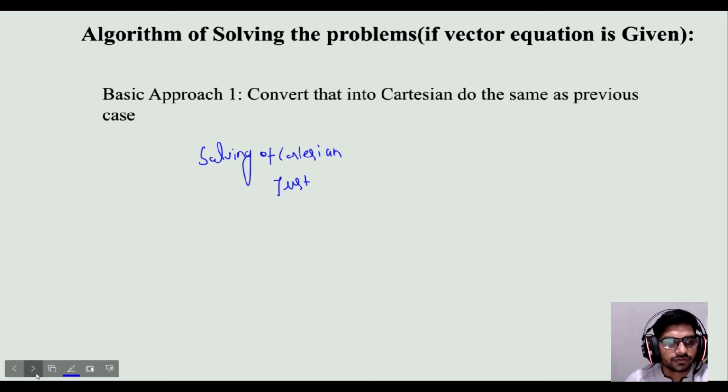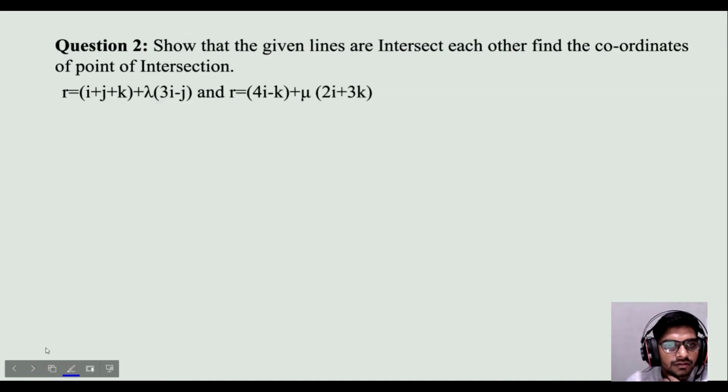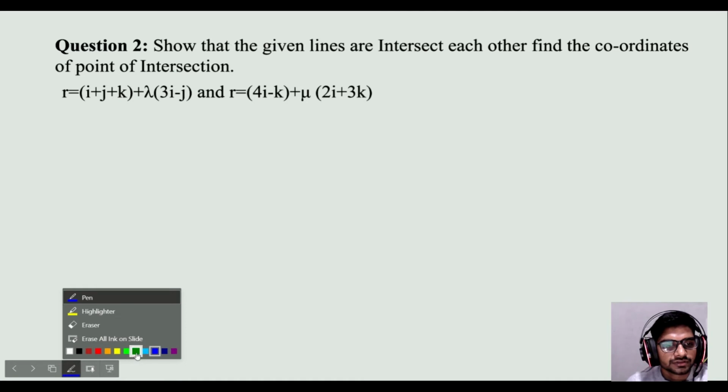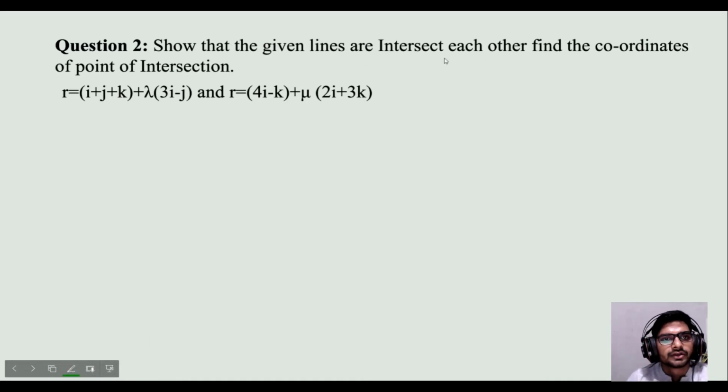Okay, so how will we do that? Let us discuss this question: show that the given lines intersect each other and find the point of intersection, where the lines are given in vector form.